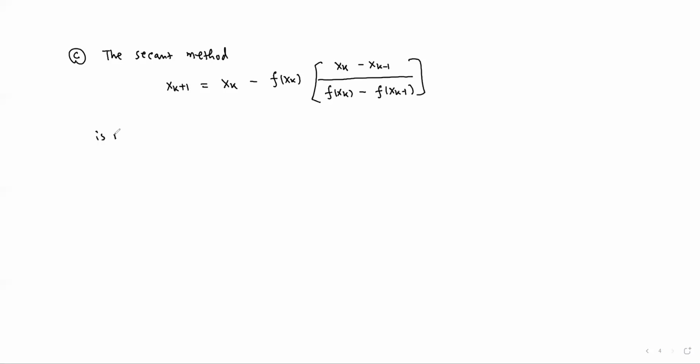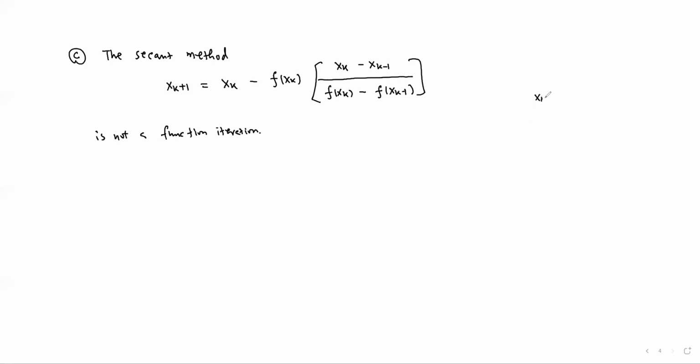For the secant method, the formula is x_{k+1} is x_k minus f(x_k) times (x_k minus x_{k-1}), over f(x_k) minus f(x_{k-1}). Now this time, this is not a functional iteration.